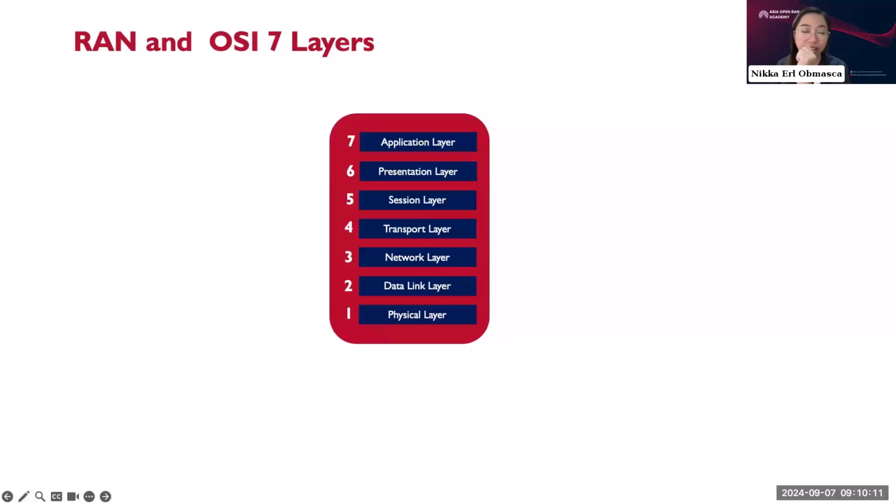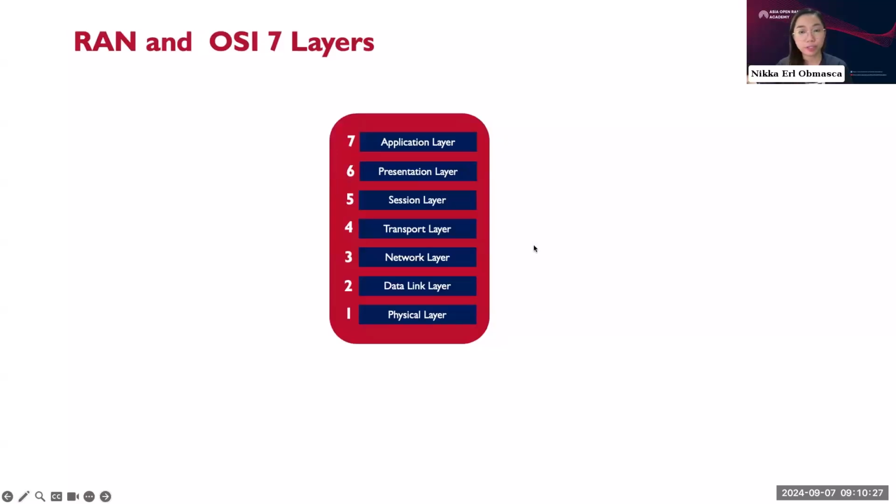Ayan. So we have 7 layers for OSI. We have the application layer, the presentation layer, the session layer, the transport layer, the network layer, the data link layer, and the physical layer.